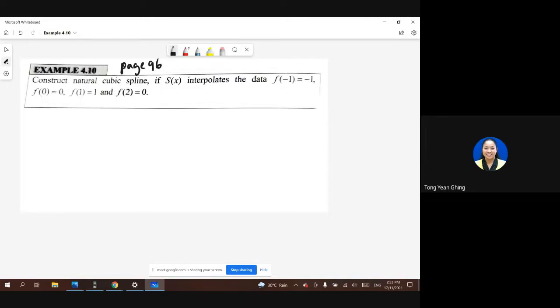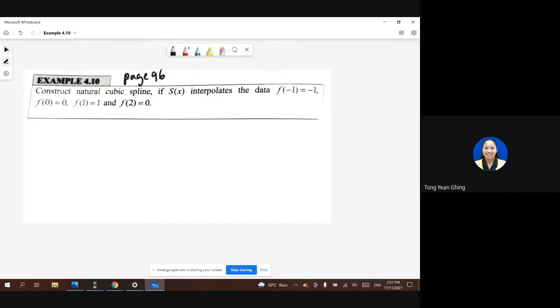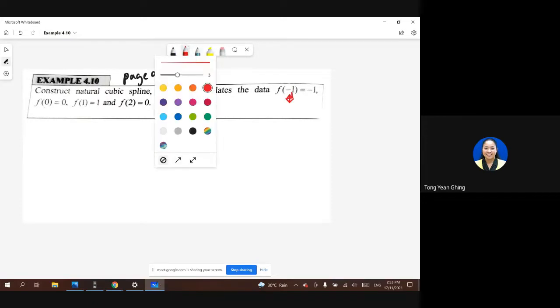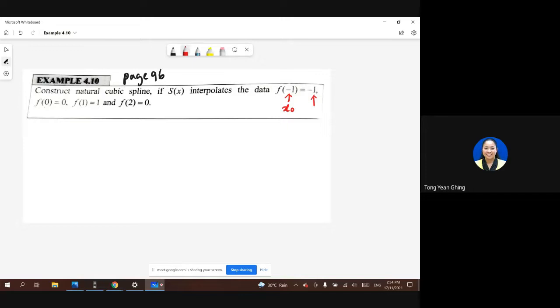So let's do it first. That means this is x0, and this is the value f(x0). This is x1, this is x2, this is x3, and these are f3, f2, f1.